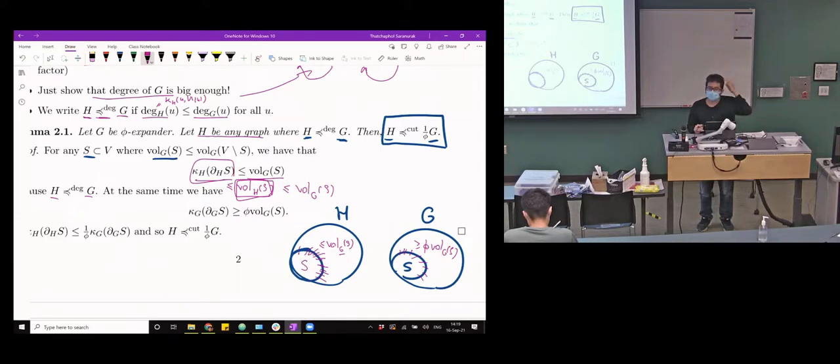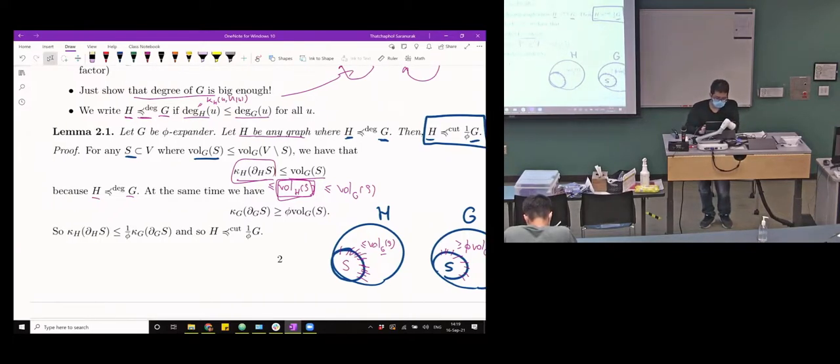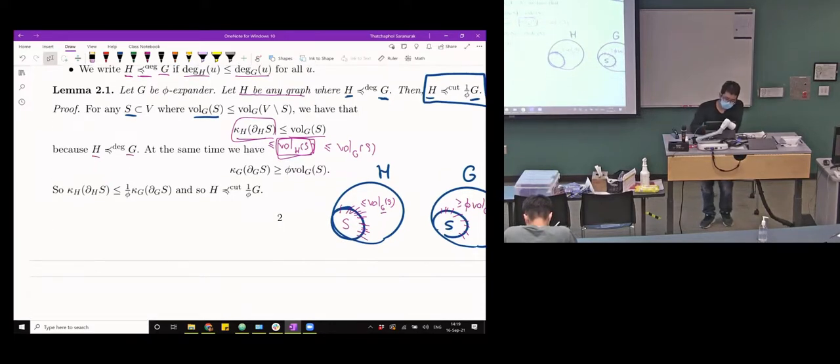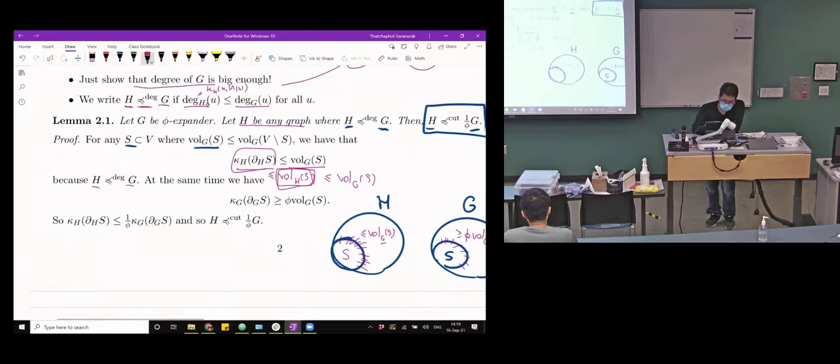Then how do we relate capacity with respect to the degree of H? I think we're defining the degree of H to be the sum of the capacities. Right, the degree is a weighted degree.